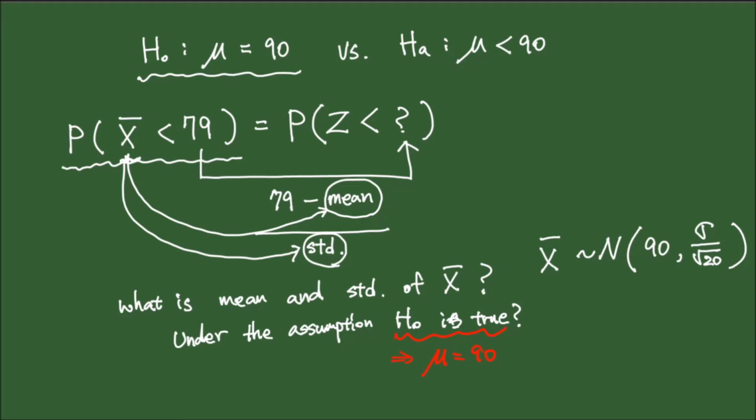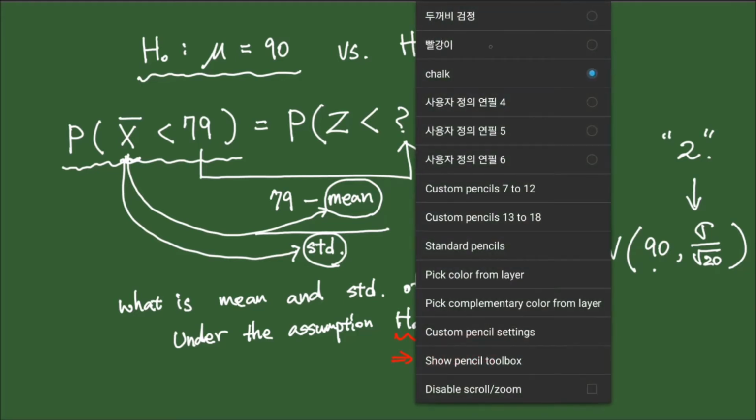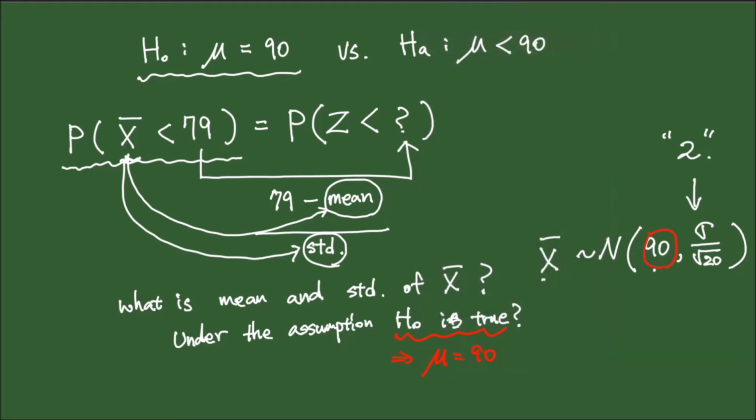Okay, so if we know this sigma, let's say we have 2 as our population standard deviation, then I'd say x bar follows the normal with mean 90 and standard deviation 2 over square root of 20, right? So we need to put this number into that formula and that number into that formula. Okay, so let me just write down that formula again.